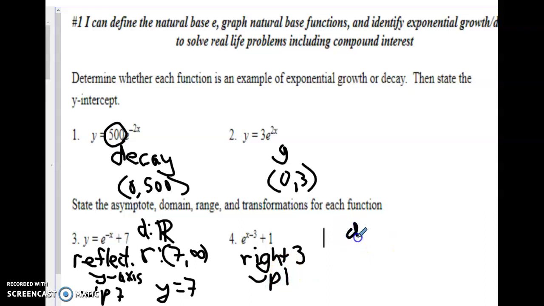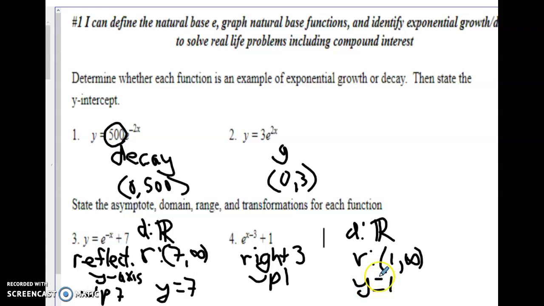And let's look at the domain and range. Because this is still an exponential function, the domain is all reals. The range, although, because it's been shifted up 1, the range now goes from 1 to infinity. And then that also tells us that the asymptote is at y equals 1.